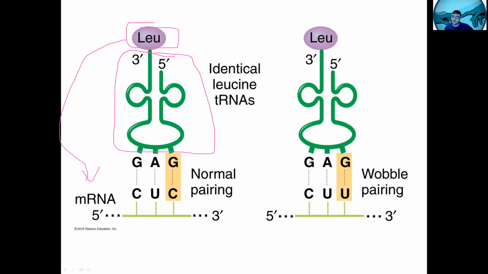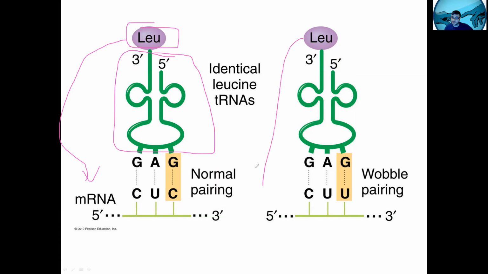Whereas here it's CUU, but this is a U and G. It wouldn't be a perfect match because this needs to be an A or this needs to be a C for it to be a perfect match. But there's this thing called Wobble pairing, which will still say, okay, it's close enough, that's fine. It matches close enough.